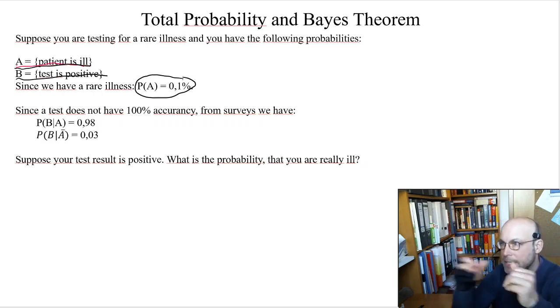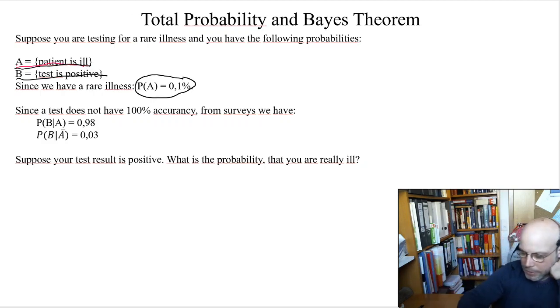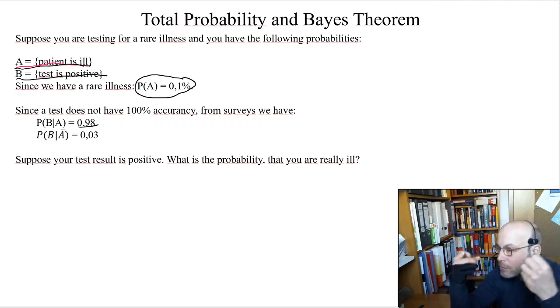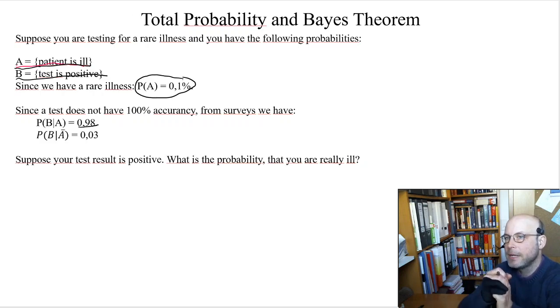Now we are testing our 10,000 guys. And from some surveys, we know that our test has an accuracy of 98%. And at the first look, this looks like a really high number.